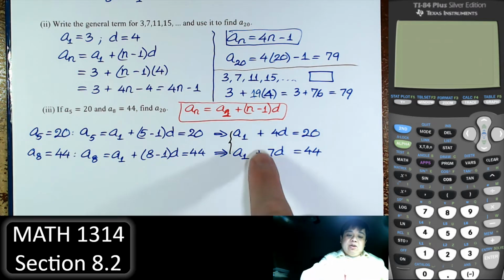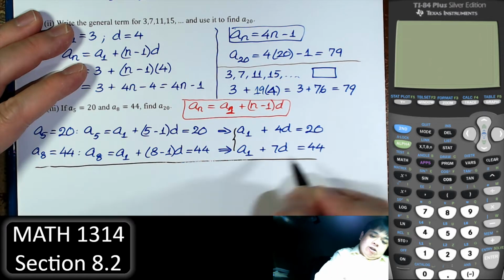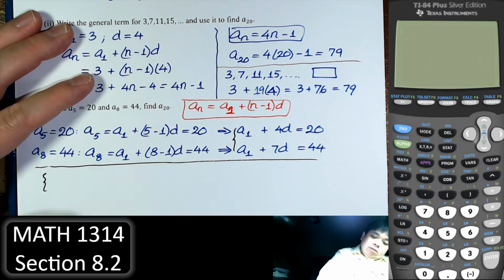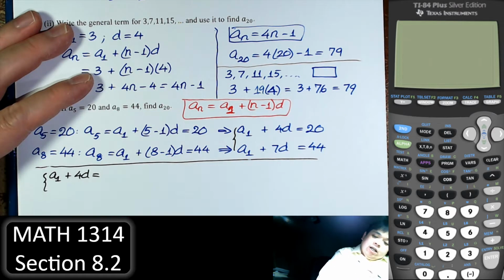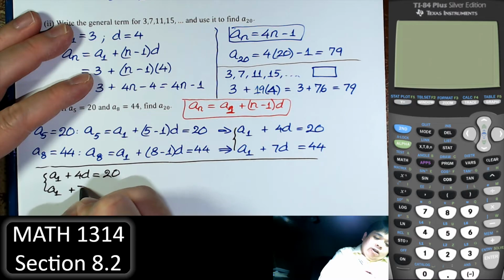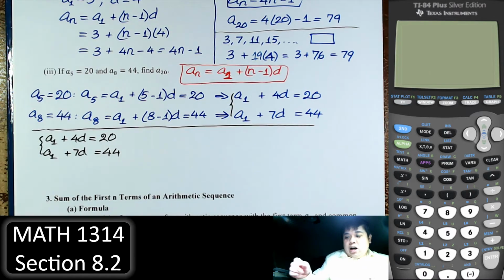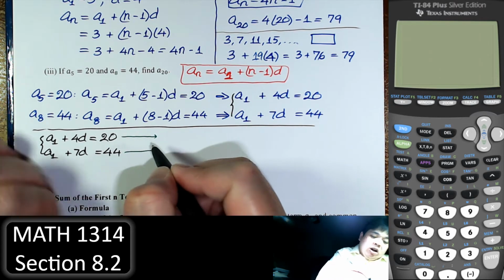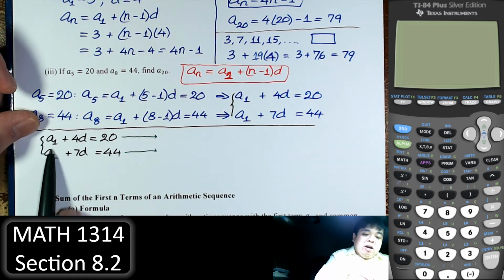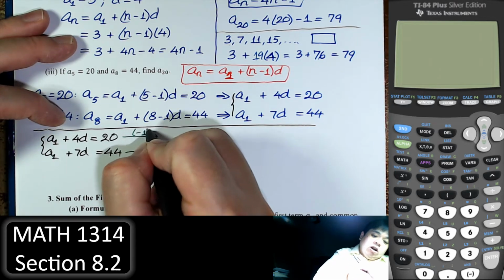Right, so this is the system of equations we're trying to solve for. a1 plus 4d is 20. a1 plus 7d is 44. Right, elimination. So we'll keep one, trying to eliminate something, and it looks like eliminating a1 is a good option here. So I multiply negative 1 on the top.